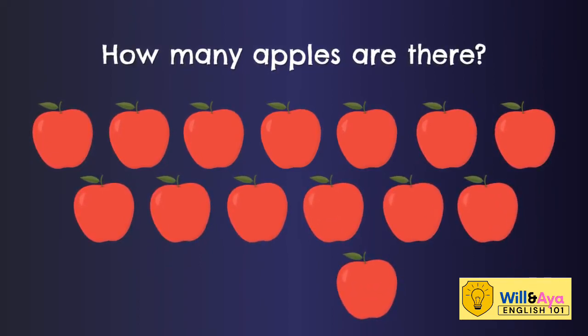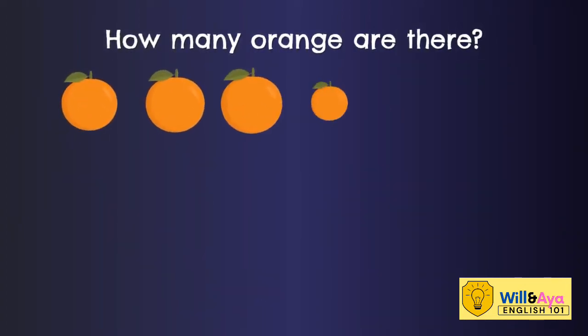Let's see if you are correct. 1, 2, 3, 4, 5, 6, 7, 8, 9, 10, 11, 12, 13, 14. That's 14 apples. What about the oranges?